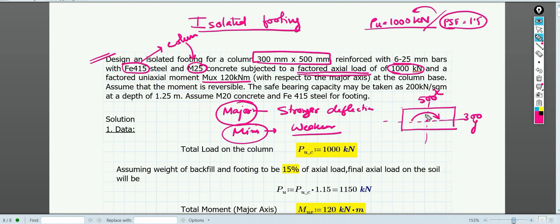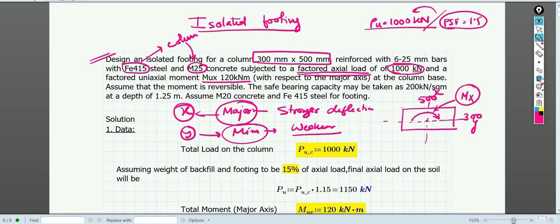So the moment is acting about the major axis, that means the axis about which the section is stronger. So it will be Mx, acting about the x-axis. X is the major axis and y is the minor axis.